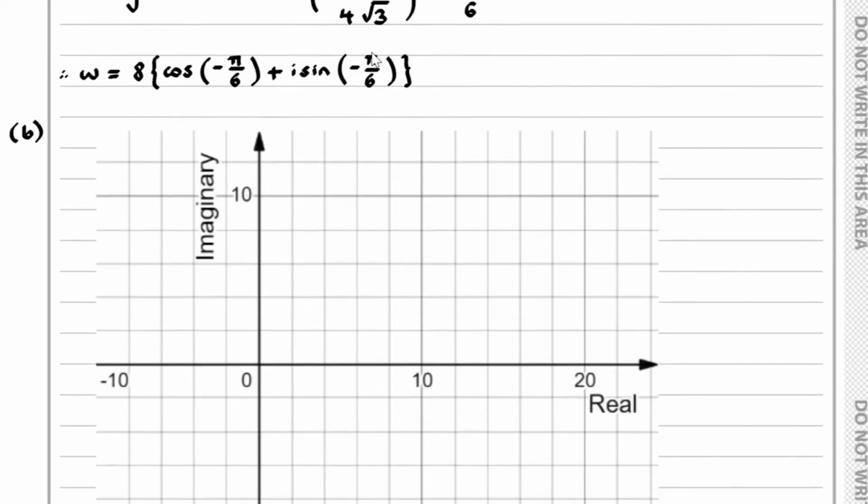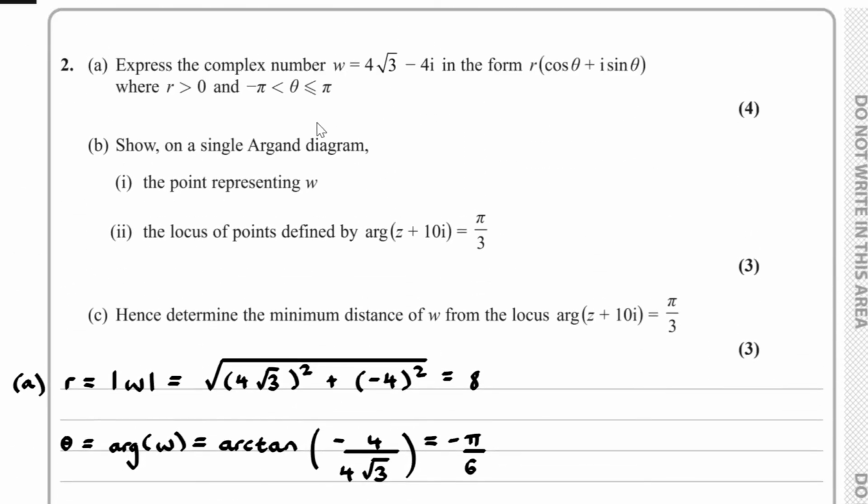Now, if we think about the point representing w, w would have coordinates 4 root 3 and minus 4.